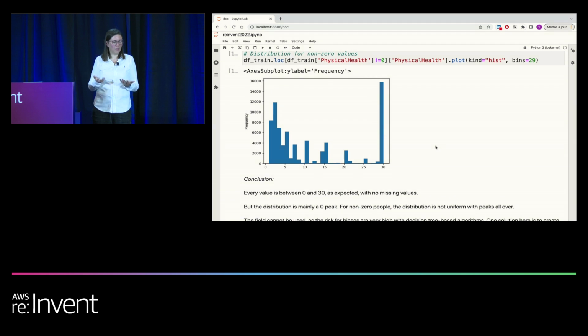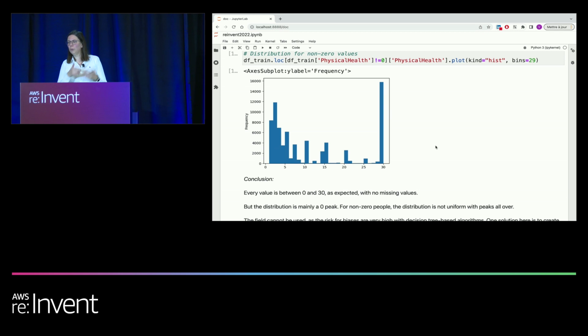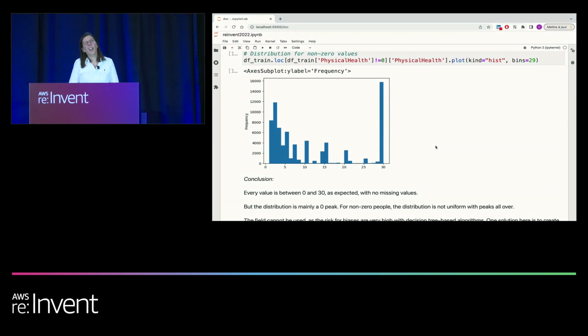And you see that there are some very strange things with peaks at 2 weeks, 3 weeks, and things like that, because it is easier to answer 2 weeks, I was ill 2 weeks during the last month, than 12 days exactly.